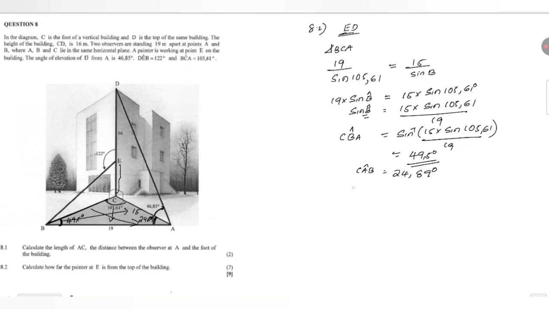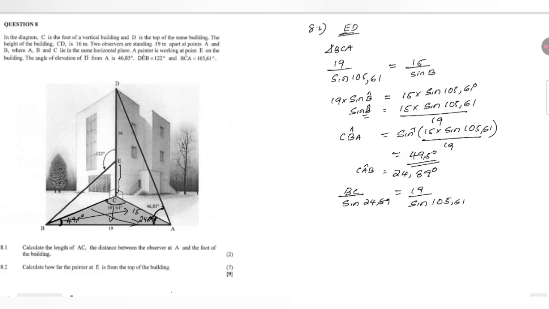Again I am using the sine rule, that is BC over sine 24.89 is equal to 19 over sine 105.61. So actually I am applying the sine rule again because my aim is to find EC. For that I have to make BC available first.